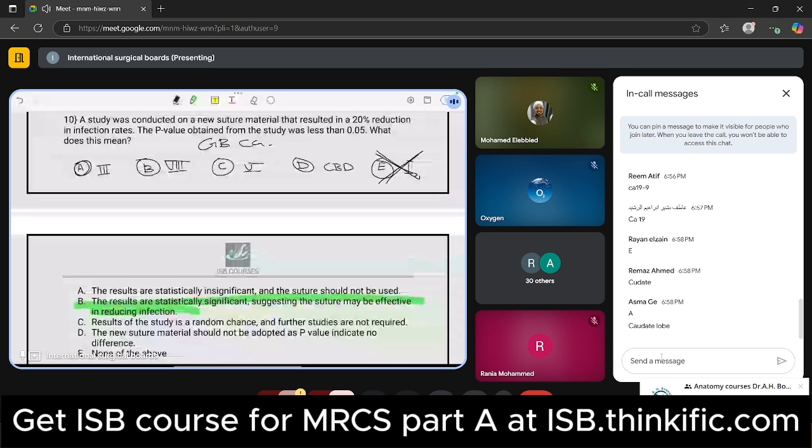What is the liver segment immediately adjacent to the gallbladder? It's segment 5. The first two segments that are involved are segment 5 and segment 4. Segment 4 is the quadrate lobe. So the answer is segment 5, and also segment 4, so they cannot put both in the same MCQ. Segment 5 or 4 are usually involved first because they're in the adjacent vicinity of the gallbladder.